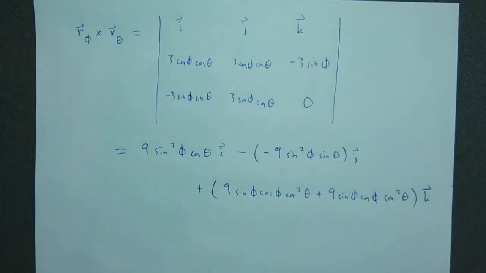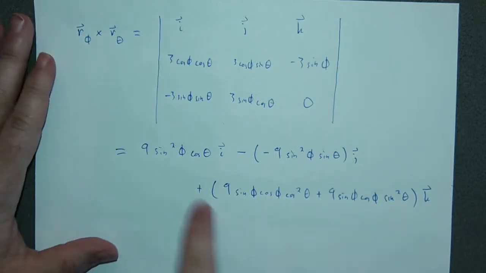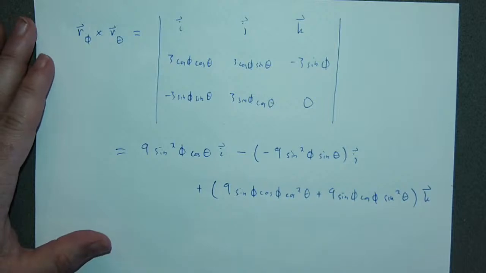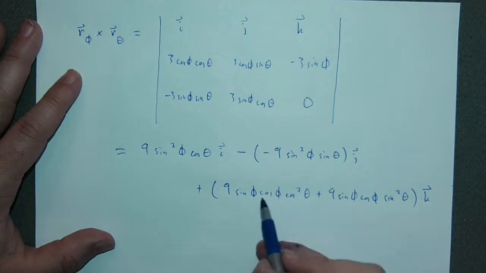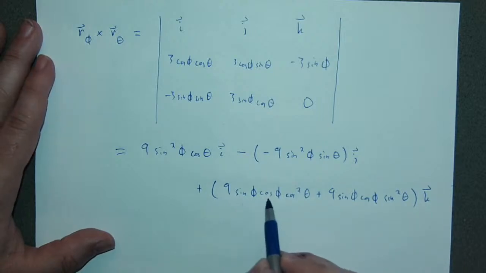Okay. Now we can clean this up just a little bit here. So these first two terms, we can't do anything with those yet. This last expression in k, notice that if I factor out a 9 sine phi cosine phi, what I have left behind is cosine squared theta plus sine squared theta, which is 1.